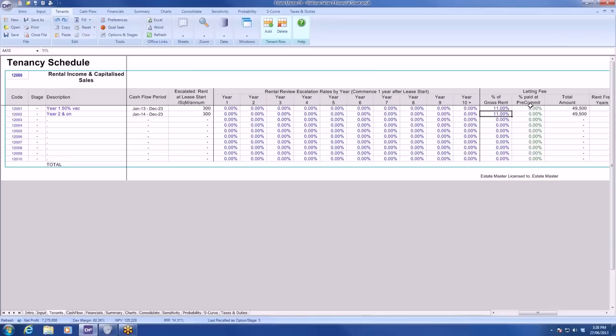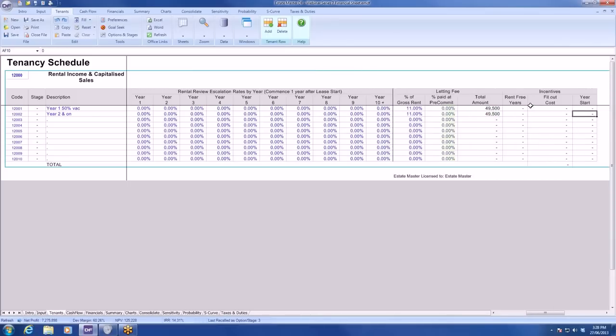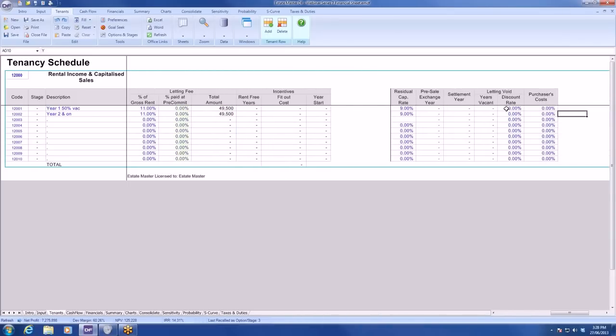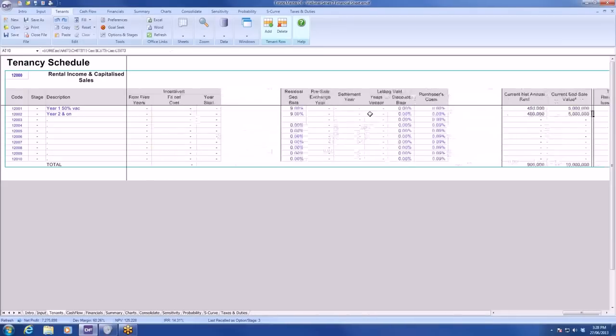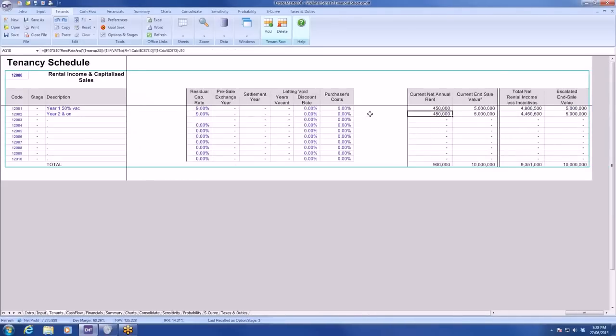I've got some commission on the letting up of the property, and also what I've done is I've actually capitalised it at 9% the end sale value to provide me with, here's the current rental, here's the end sale value, and here's the combined increased rent that I have received from those two particular assets, or those leases, sorry.